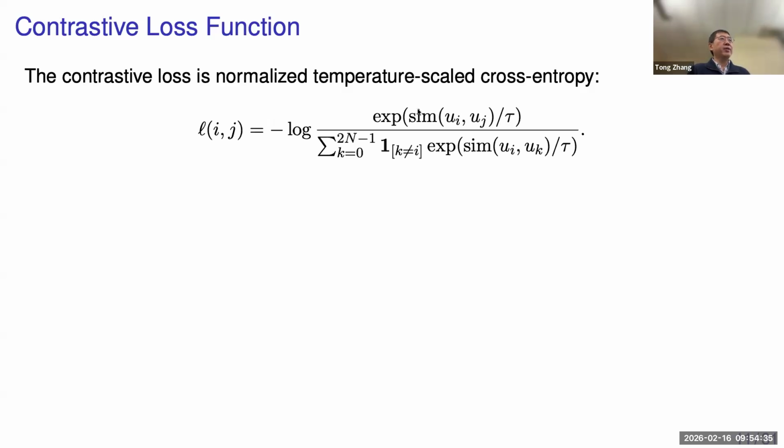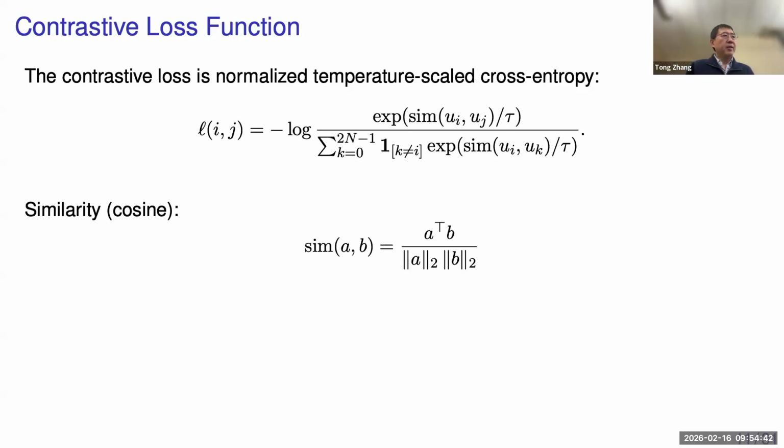These are the similarities of U_i and U_j, so in the embedding space, how similar they are. The similarity is a pretty standard thing: you can either use inner products or cosine. And here we use cosine. Cosine means basically the angle between these two vectors in your embedding space. You normalize.